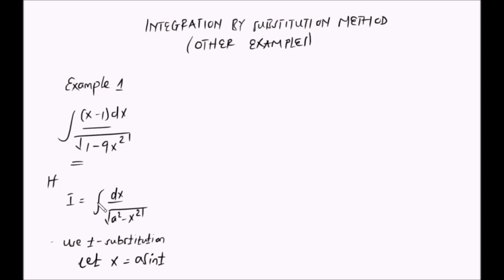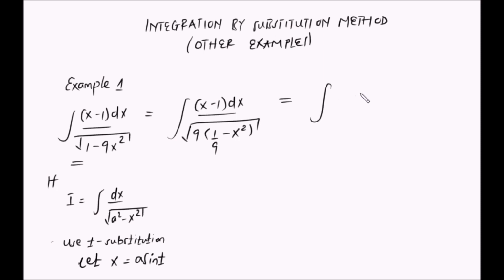We can convert this into this form. Let us try. You can see this is just going to be equal to x minus 1. So hapa chini nikitoa nje 9 tabaki na 1 over 9 minus x squared. Yeah. But the square root of 9 is 3.